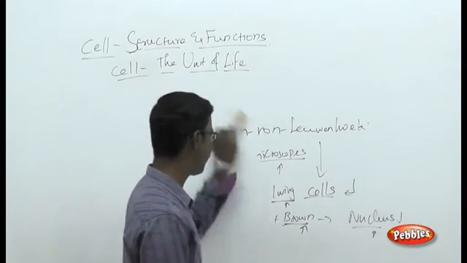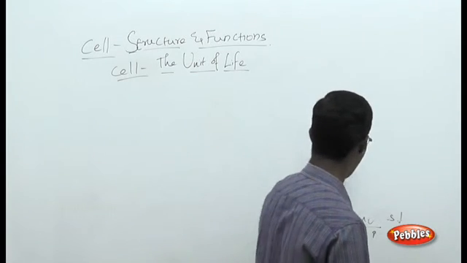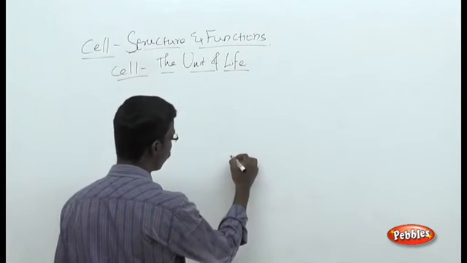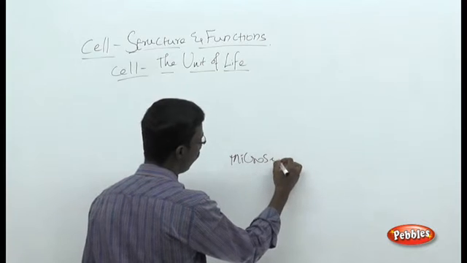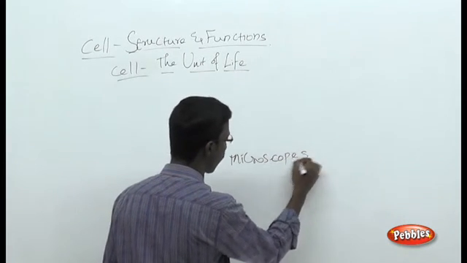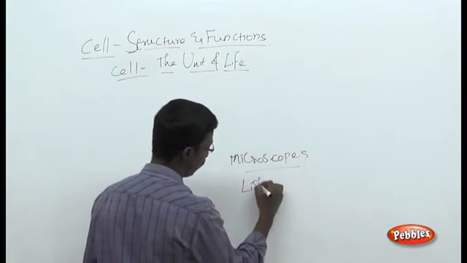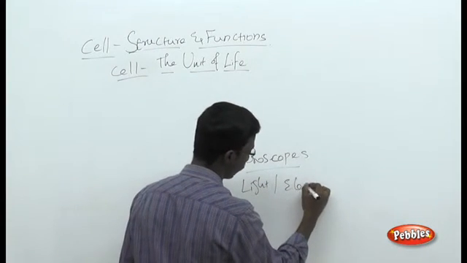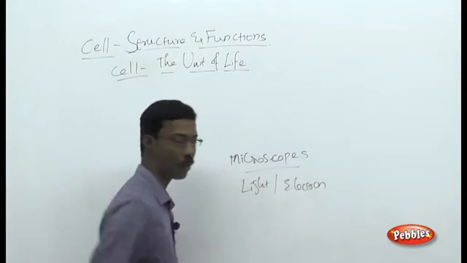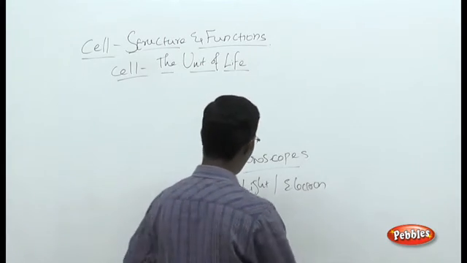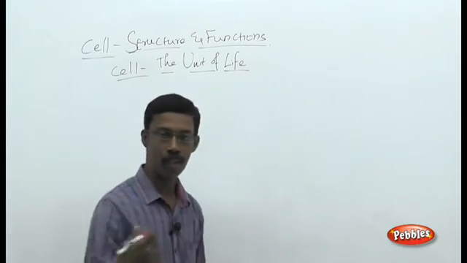The next point you have to remember in the introduction is the microscopes. There are two major classes of microscopes: light and electron microscopes. What is the difference between these two?